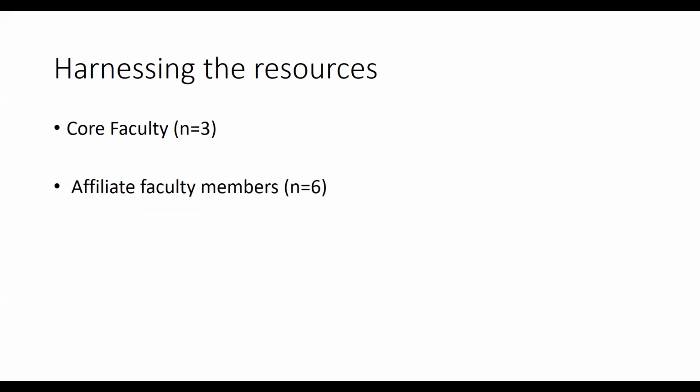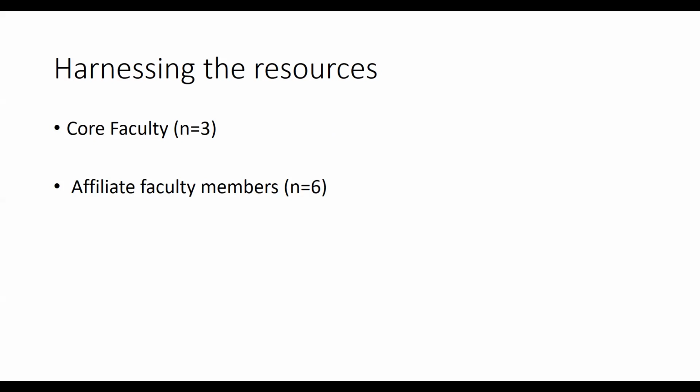What we try to do is also harness the resources. The number of our faculty is relatively limited. We have 3 full-time faculty in the center. So we figured that the best way to move forward is to take advantage of the faculty or members that we have within AUBMC. Many of those are well-trained in research with a good background and a good track record of publication and capacity building.